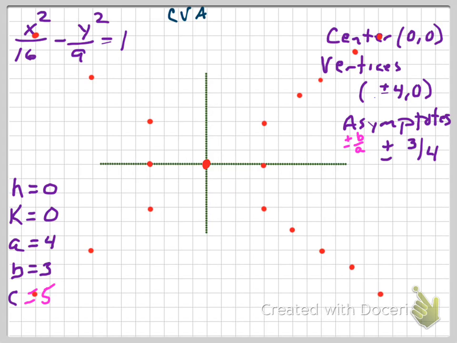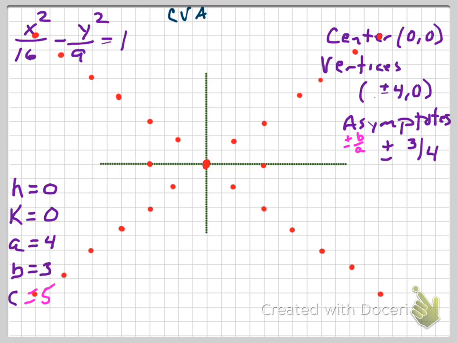I'm going to make more dots, just so it's a little more bold. So using a slope of 3/4, up 3 over 4, and negative 3/4, down 3 over 4, I have my bumpers for my parabolas.